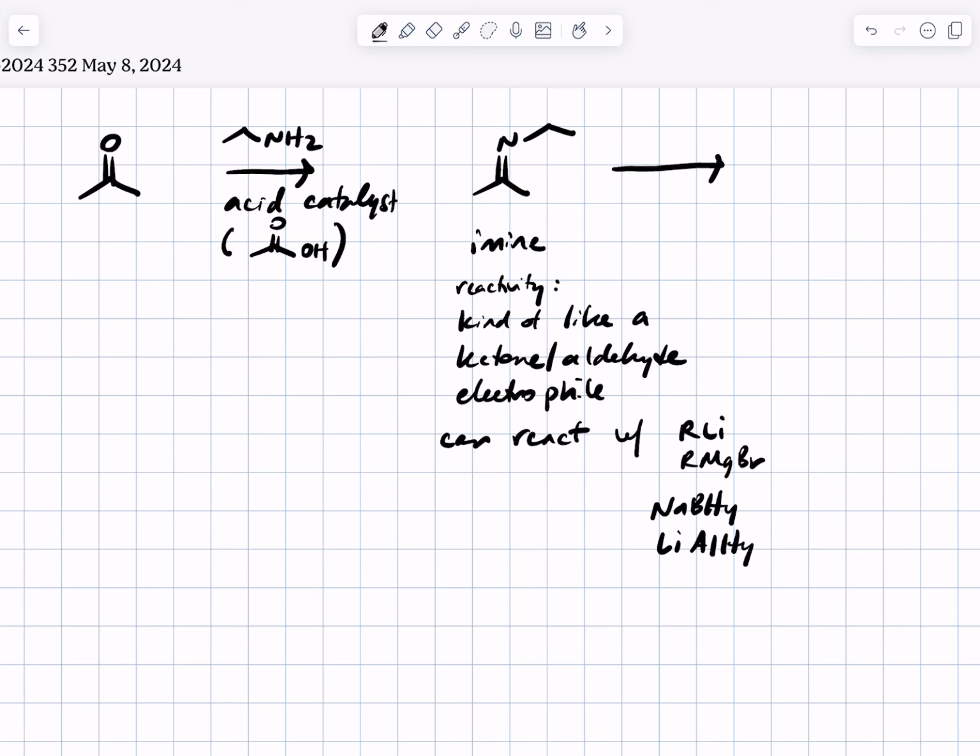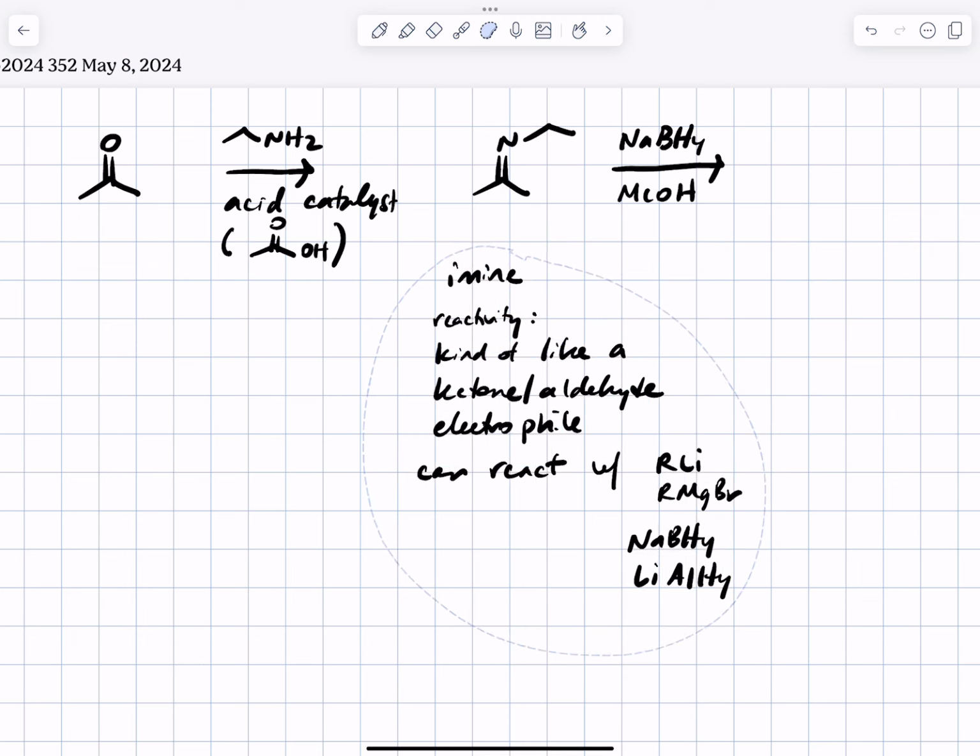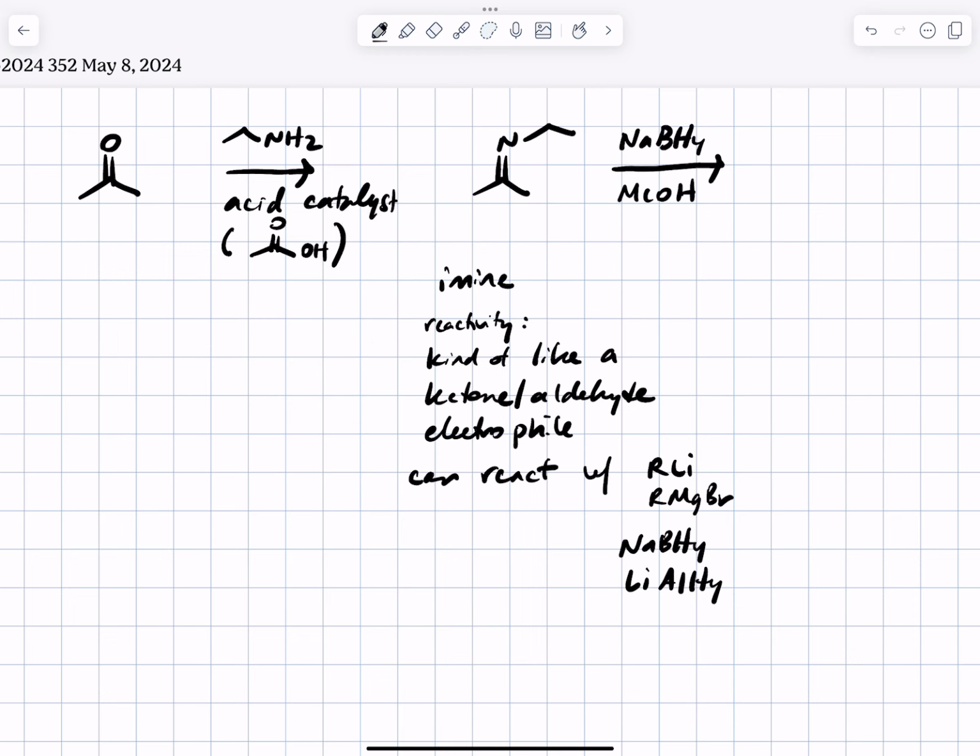One example of this would be if you used sodium borohydride. This is going to deliver a hydride, and remember that we generally use sodium borohydride with some kind of protic solvent. This is going to deliver a hydride to the carbon in the same way that we would do this for a ketone. I'll just draw this quickly.